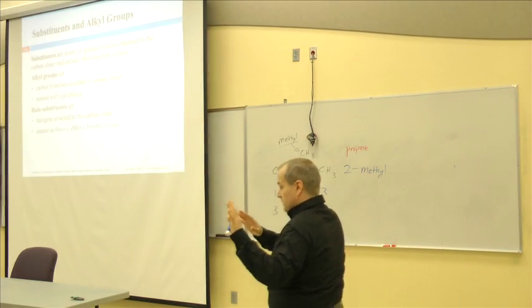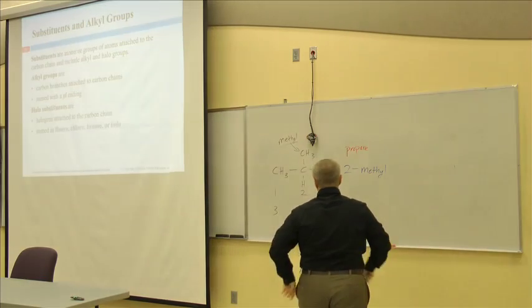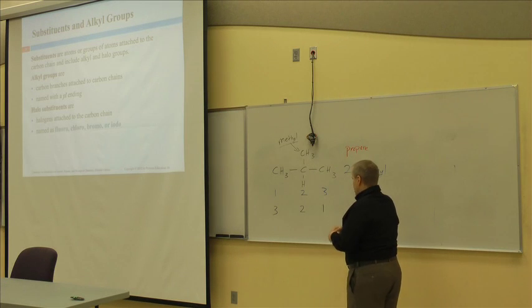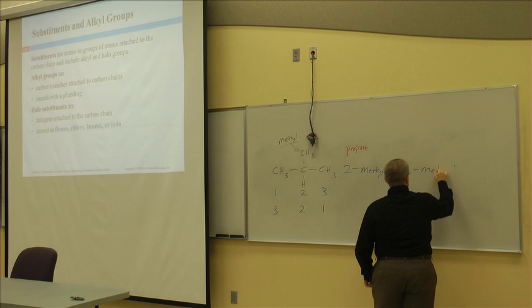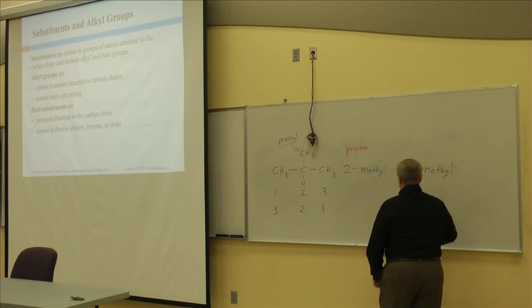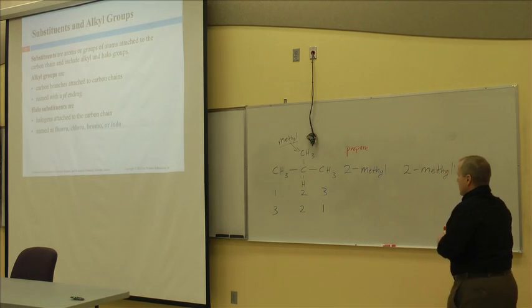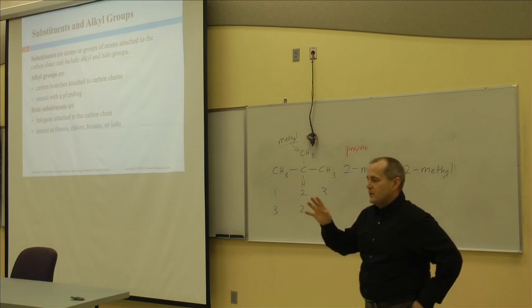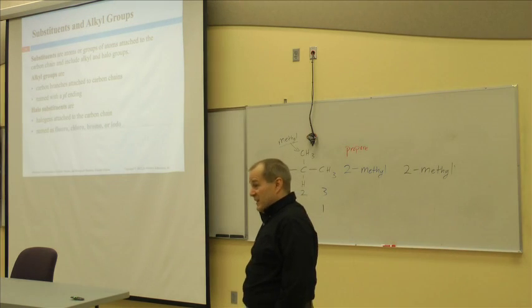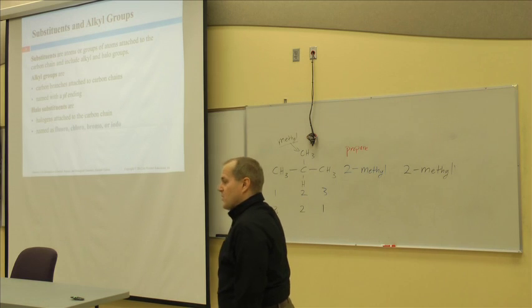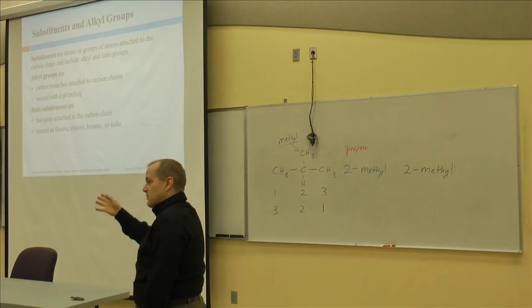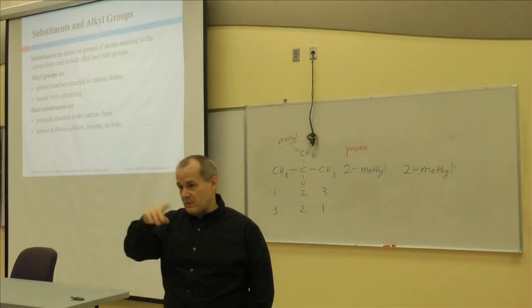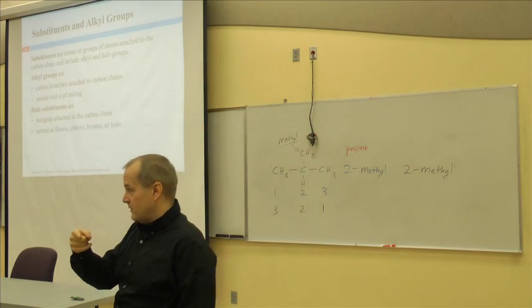So far? Everybody? Now if we use the black ink, it would be 2-methyl again, wouldn't it? You would just say 2-methyl one more time. Now that seems nonsensical. For this simple example, it is. But what you have to do is find your substituents and find the number that the carbons are on, number them left to right and right to left.